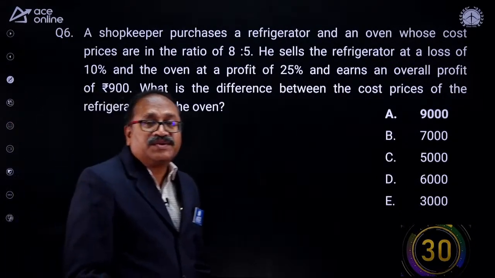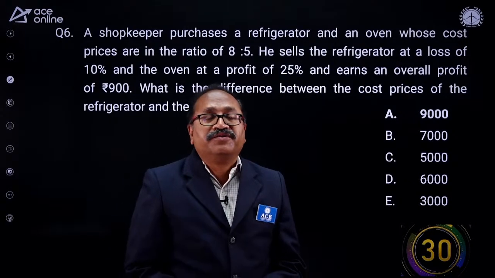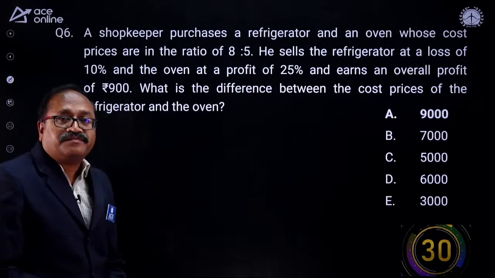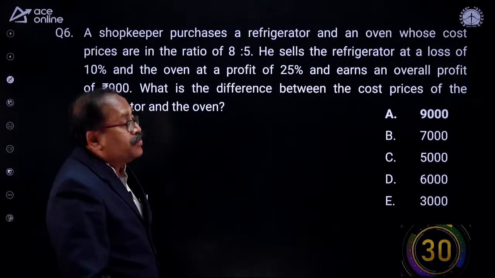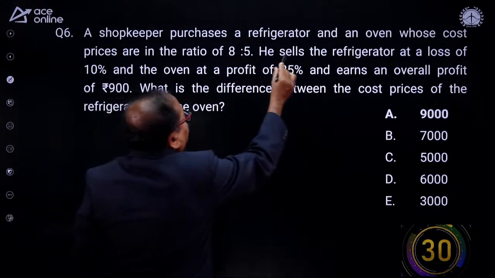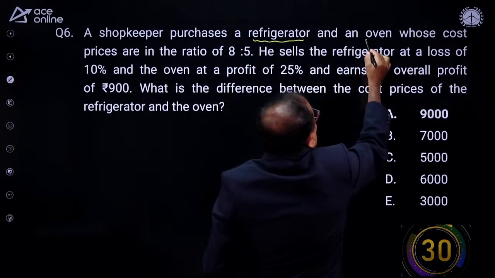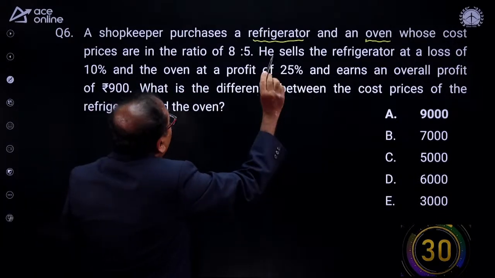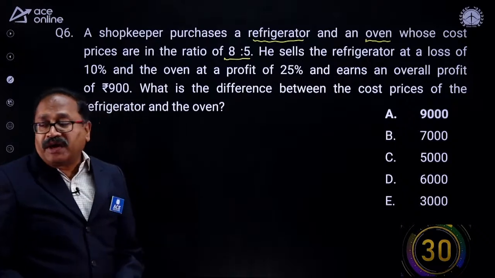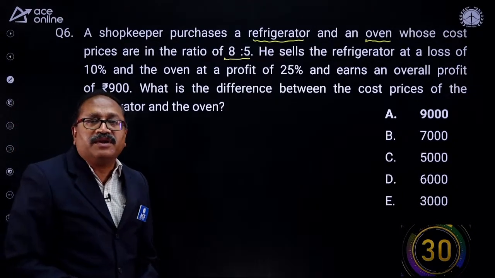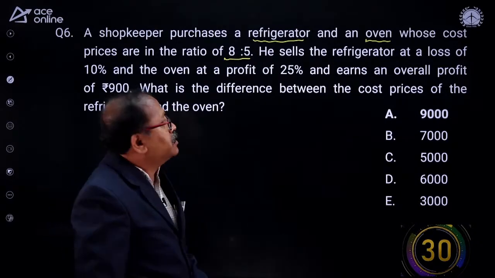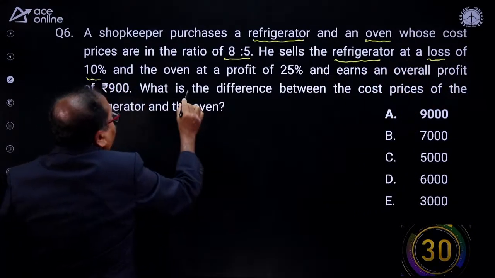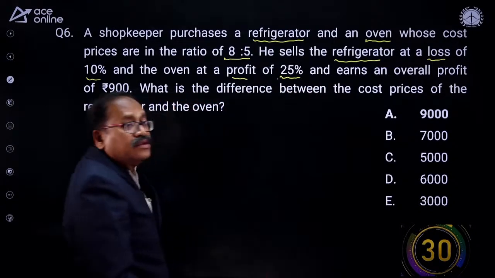Here is the next question. All are wonderful and very qualitative questions. Many concepts will become clear to you through this. Let's see what is there in this particular question. Then I will give you 30 seconds. It says that a shopkeeper purchased a refrigerator and an oven whose cost price ratio is 8:5. We can take it as 800 and 500 if we need to calculate some percentage. Now he sells the refrigerator at a loss of 10% and the oven at a profit of 25%.